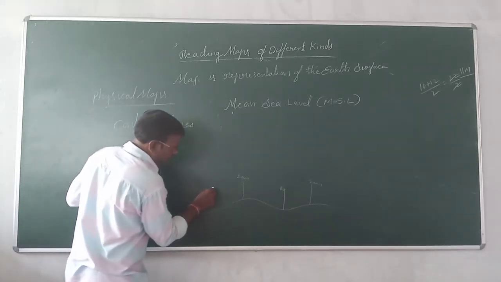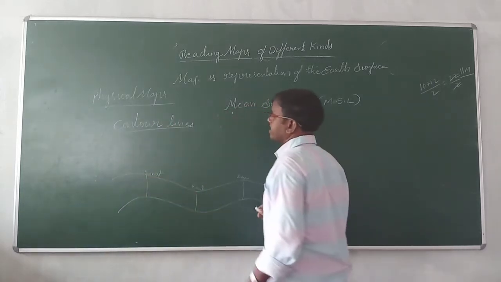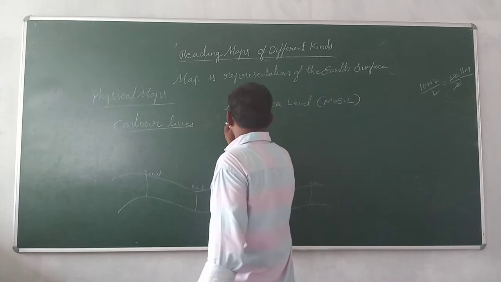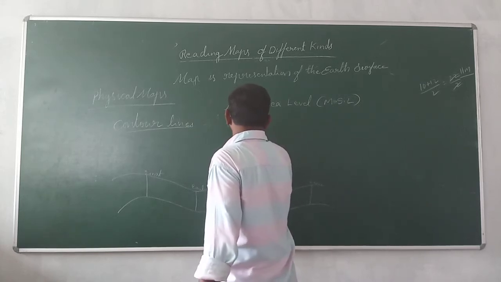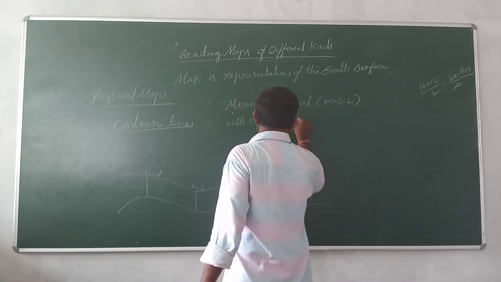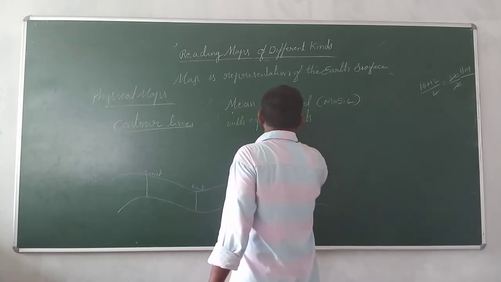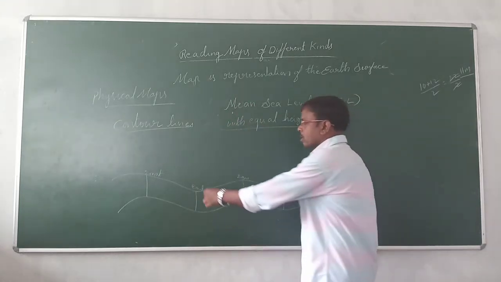The lines joining equal heights are known as contour lines.